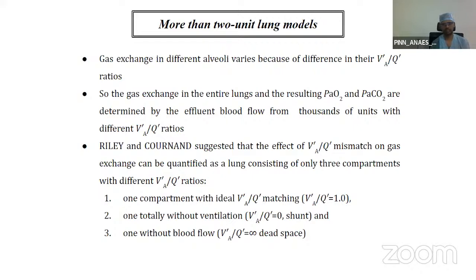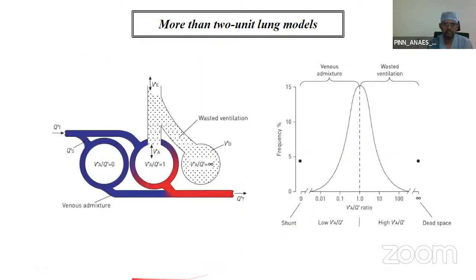To understand the effect of units with varying VQ ratios, Riley and Cournand suggested a three compartment model, a 3-unit model, in which one compartment has an ideal VQ ratio of 1, one is totally without ventilation, that is a VQ ratio of 0, which is also called shunt, and one is without blood flow with a VQ of infinity, also called dead space. So this is a 3-unit lung model.